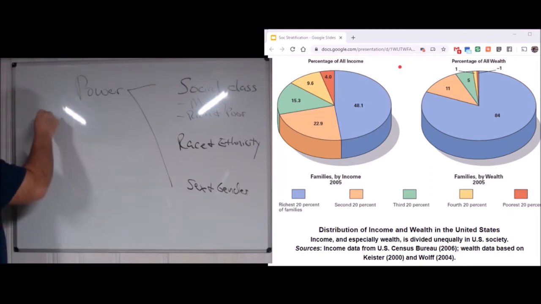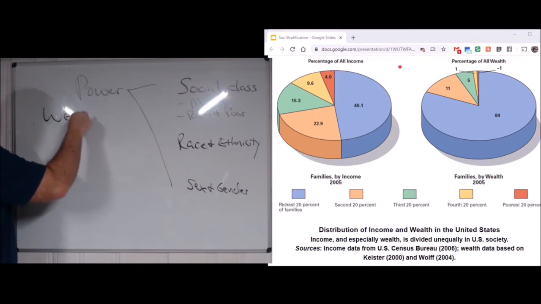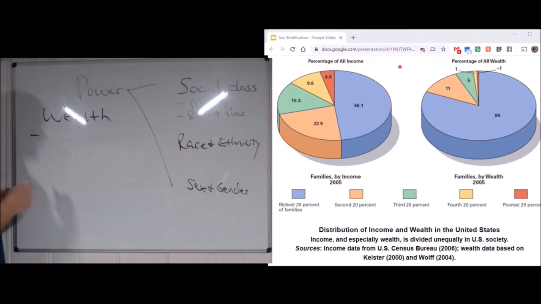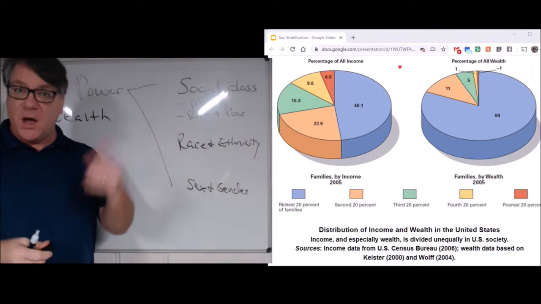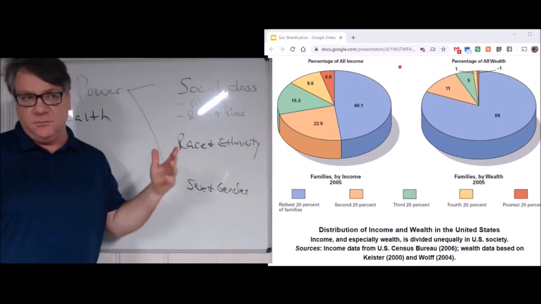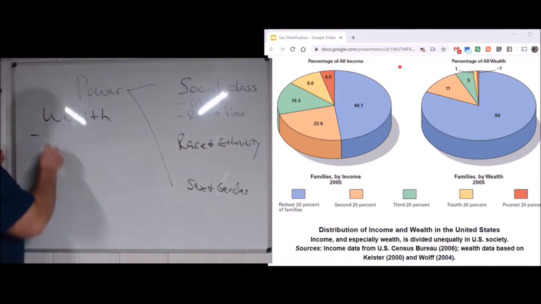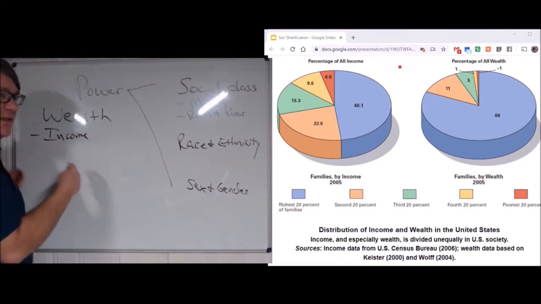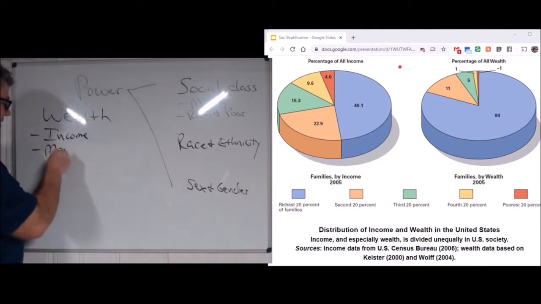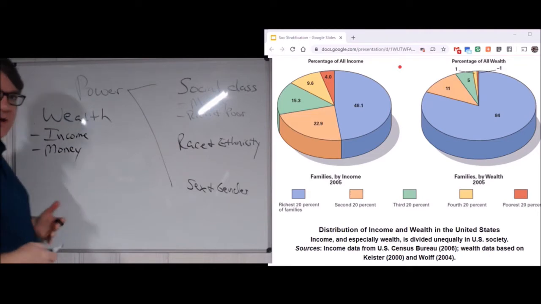So when you have wealth, what is wealth made up of? Well, money, that's income, right? Well, money is not just income. You can think about income is money that you get from a job that you have. But do you get access to money by not having a job, by not working?